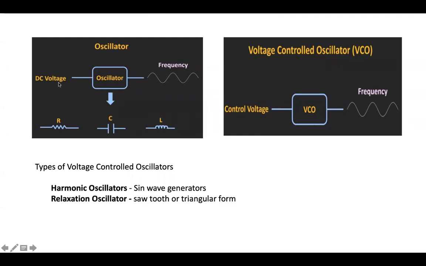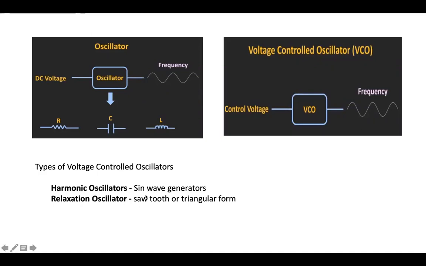But in the other case, a DC voltage is given, this oscillator again has control, and I have to design the R's, C's, and L's. After doing all of that, that's when I will get a stable output. So these are the two types of VCOs: one is the harmonic oscillator, and the other one is the relaxation oscillator.